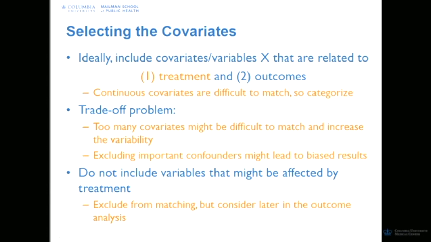What covariates should you include? One, those that are related to the treatment. And secondly, covariates that are related to the outcomes. Why is that?